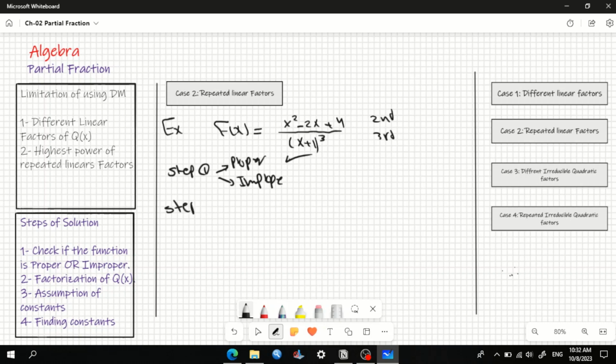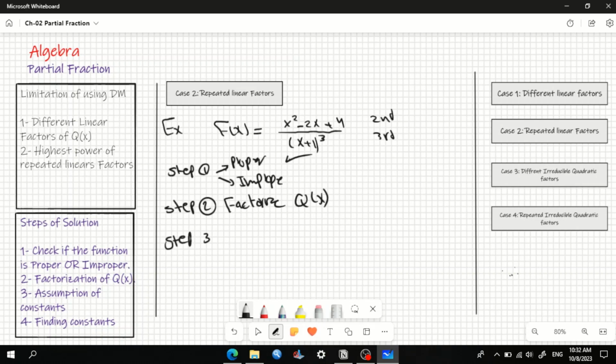The second step here is to factorize q of x, and here q of x is just a repeated linear factor, so q of x is factorized.